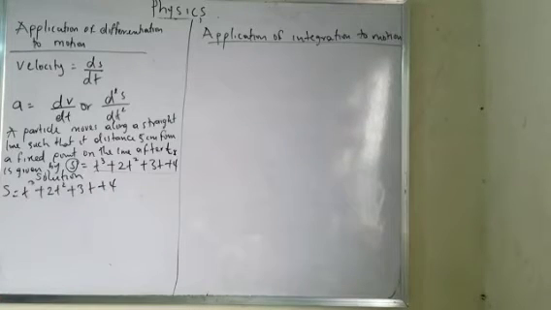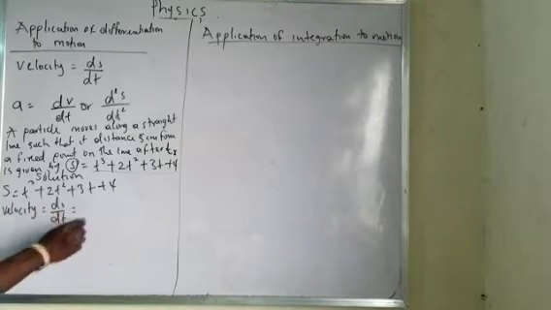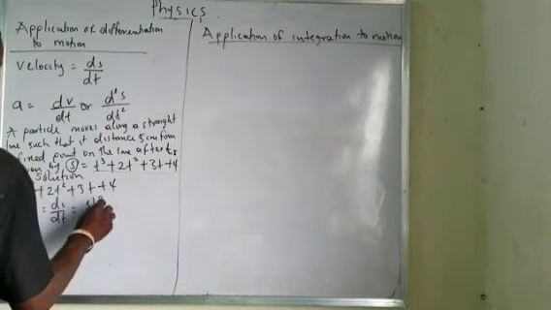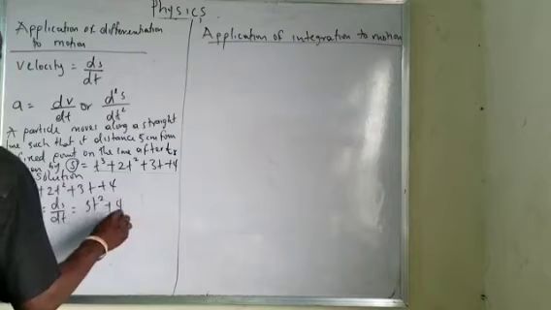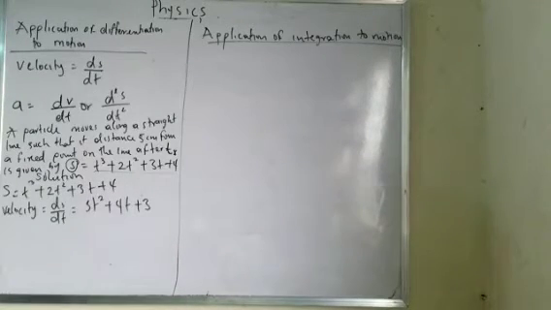That is the very first thing you do. To find my velocity, it will be equal to change in x over change in t, which is 3t squared plus 4t plus 3. That is my velocity.